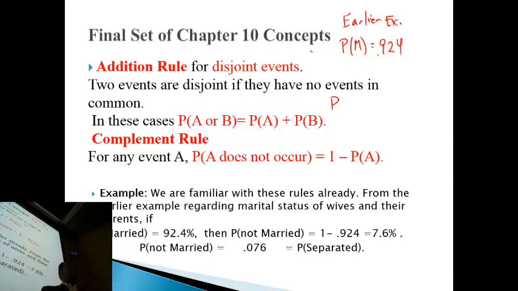For the purposes of that study, you couldn't be both married, living together, and separated. If you're separated, you have to not be living together. So the chance of being separated is 0.076. So to follow this rule, what percent of folks are married or separated? Well, that's everybody in this study.